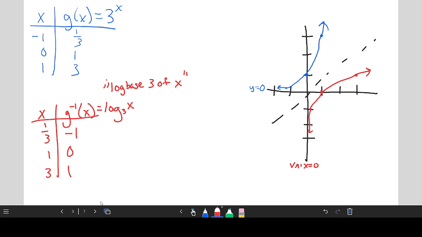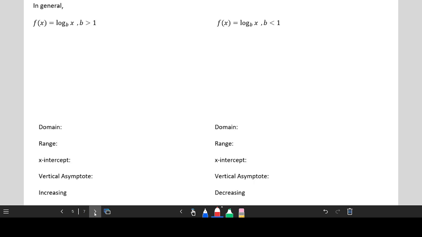Now, kind of like we did for exponential functions, I want to look at what's going to be the same regardless of what your base is. So let's start with a base greater than 1 because that's what we just drew for the first two examples there. We got the same basic shape for both of those. For log base 2 and for log base 3, we got this kind of shape. It was increasing.